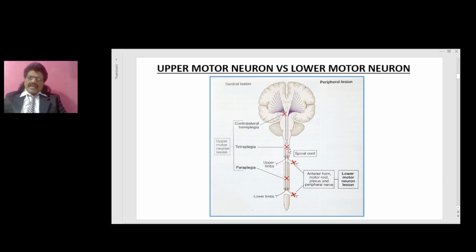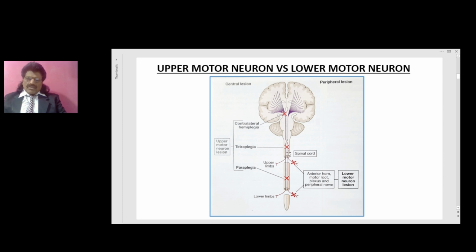So this entire tract is known as upper motor neuron and has basically got two components. One is the corticobulbar fibers going till the motor nucleus of the cranial nerves, and second is the corticospinal tract, which is going till the anterior horn cells of the spinal cord. So upper motor neuron has got two components, corticobulbar fibers and corticospinal fibers.